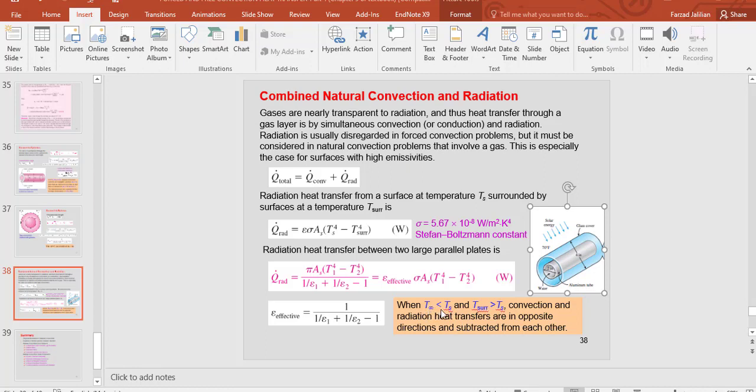When T infinity minus Ts for natural convection is from surface to surrounding, and T surrounding is higher than Ts, the radiation is from surrounding to the surface. So finally their directions will be opposite, and they should be subtracted from each other.